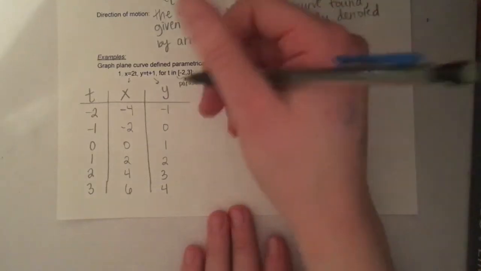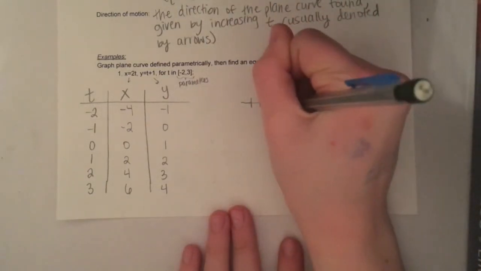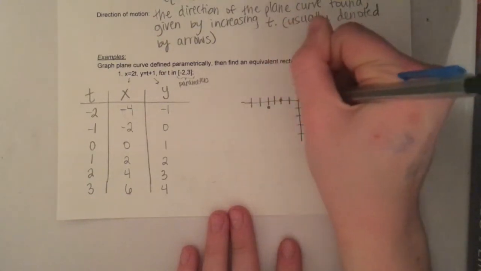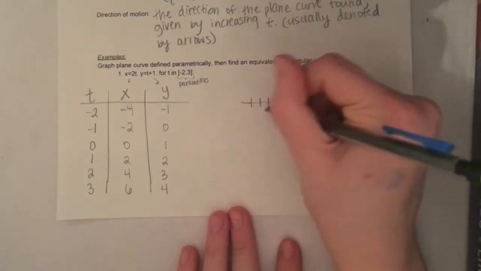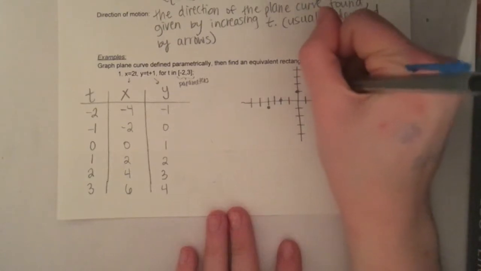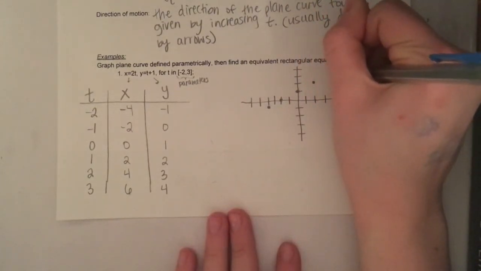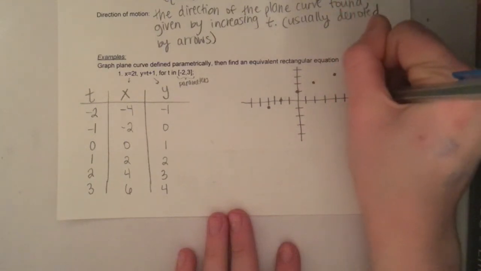So we're going to start with -4, -1 right here. I got -2, 0, 0, 1. So far, so good. Now we got 2, 2. We got 4, 3. And we got 6, 4. Okay, so we're just going to finish that. Alright, so now we have our line.